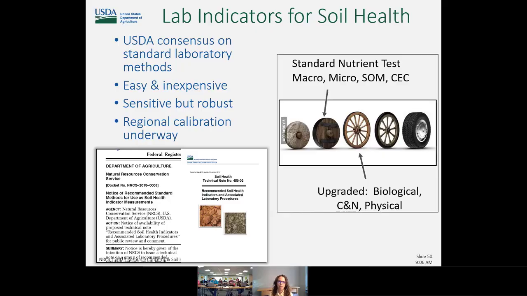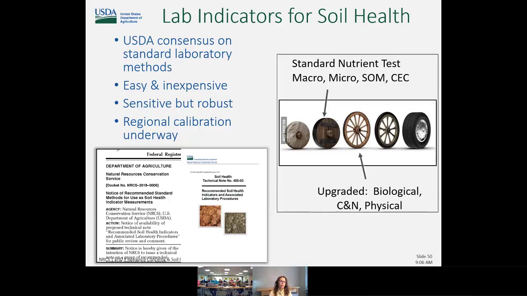And this was a consensus among scientists across USDA, with ARS scientists and NRCS scientists that reviewed the standard laboratory methods at the time and determined these were the easiest to complete and the least expensive, the most sensitive and robust to management that could be used for soil health indicators.